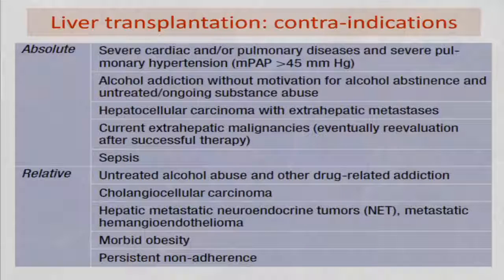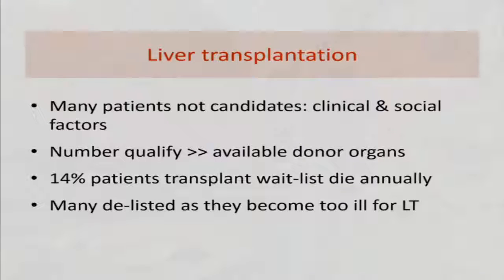And lists are available at any website which will tell you absolute and relative contraindications. So what this all means is that many patients are not candidates for liver transplant, either for clinical reasons or for social and financial reasons.